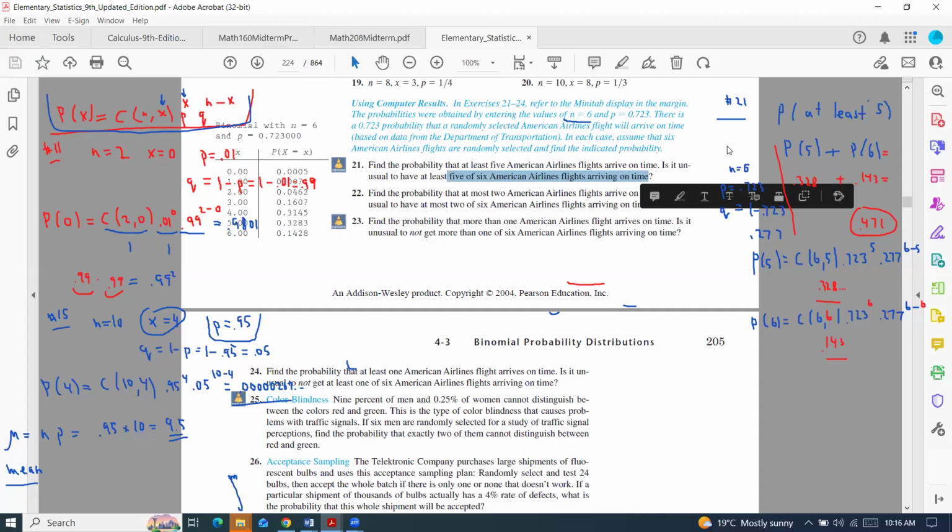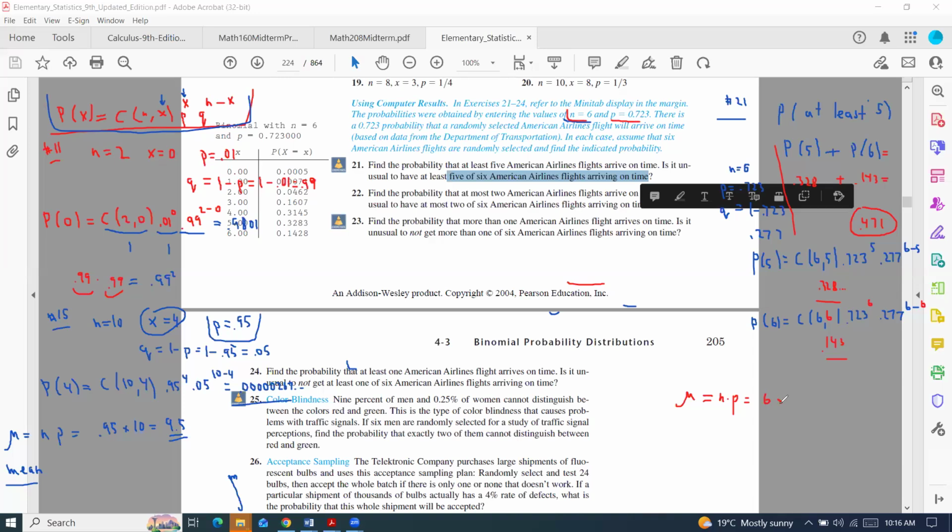Remember, we just noticed there is an average, which is the mean, or n times p, that we calculate. That's what we actually expect to happen. In this case, n is 6 and p is 0.723.